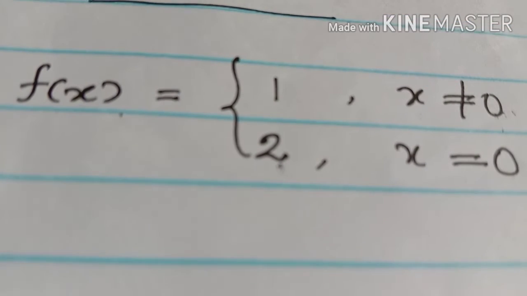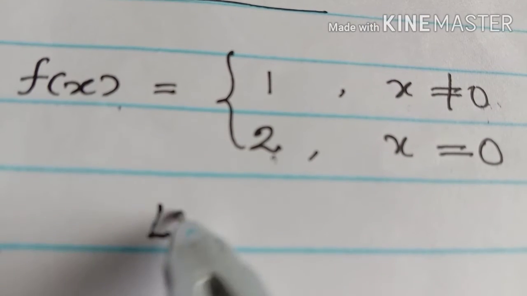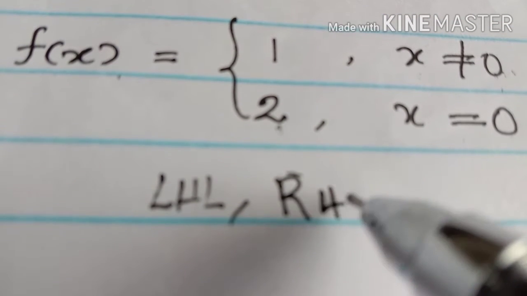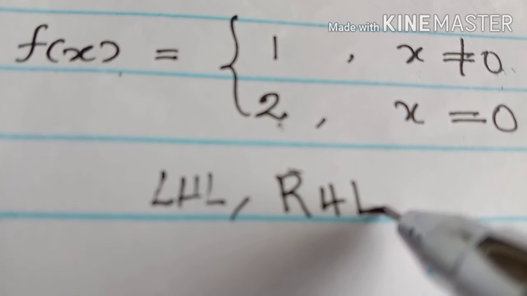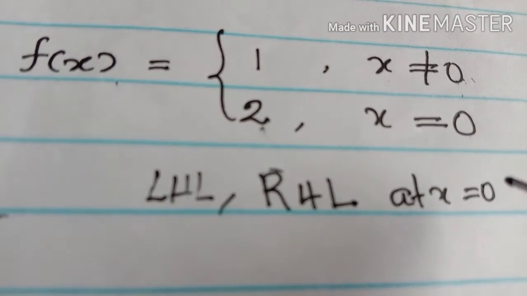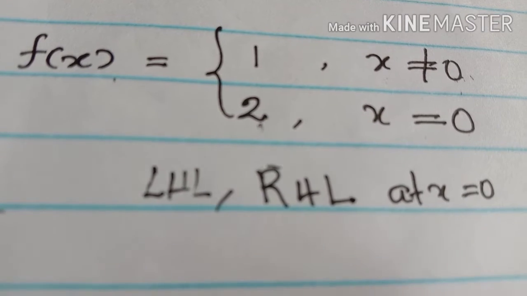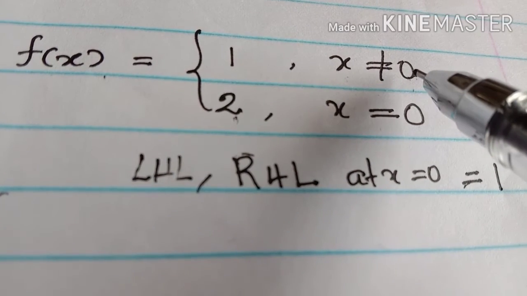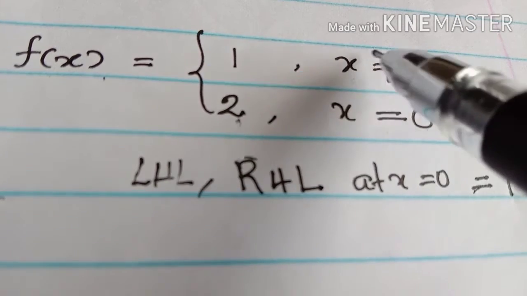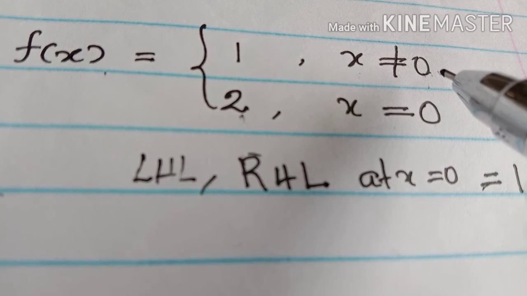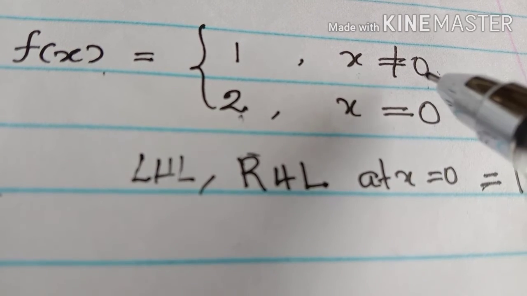In this case, the left hand limit and right hand limit at x equal to 0 are both equal to 1. Here x not equal to 0 means less than 0 as well as greater than 0.